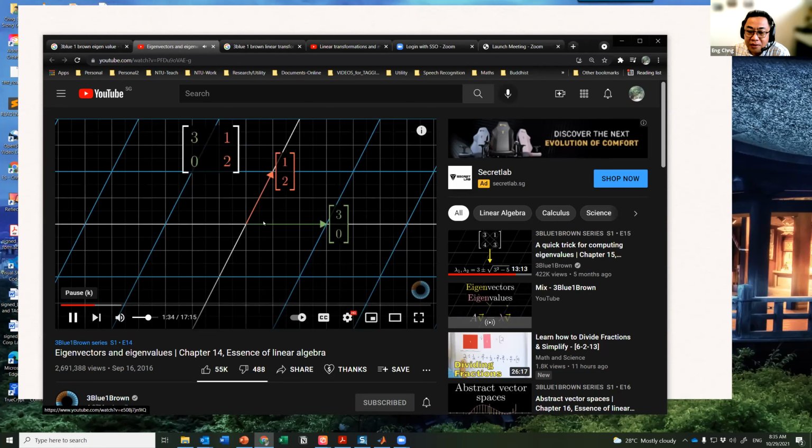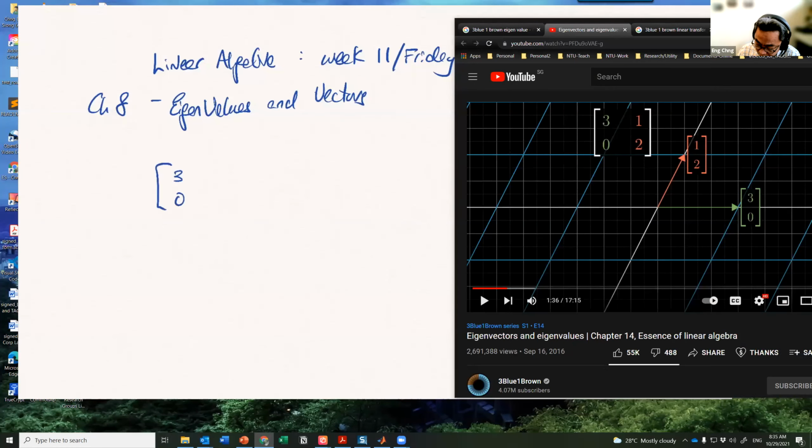Now, this is a very interesting diagram, because basically you have a matrix with columns 3, 0 and 1, 2, and you're going to use this matrix to transform some vectors. So for example, let me call this matrix A. Then I have a vector with entries x1, x2, which I call x, and I would get y1 and y2, which I call y.